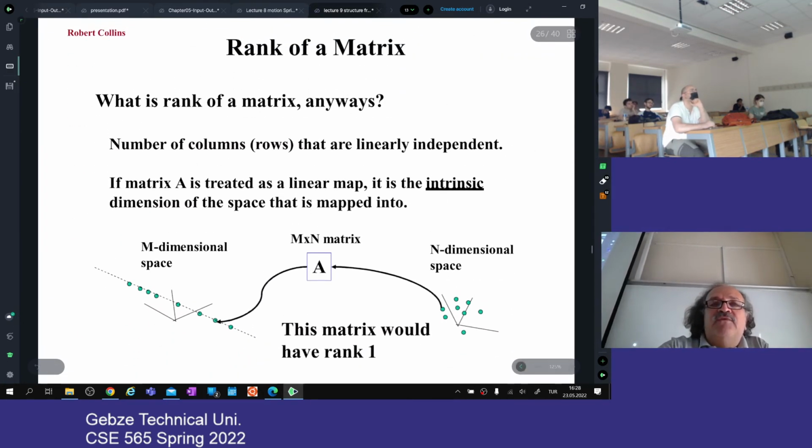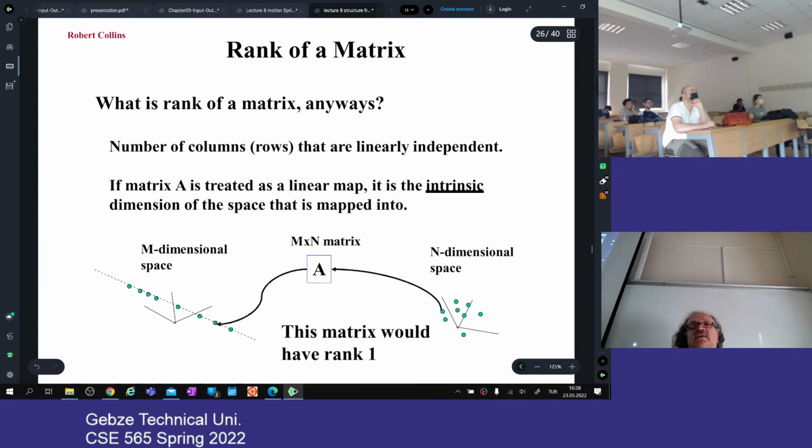Okay, let's look at it. So what is the rank of a matrix anyway? The rank of a matrix is the number of linearly independent rows or columns. What is a linearly independent row or column? Can anybody tell me? We can make another with a coefficient. Exactly.